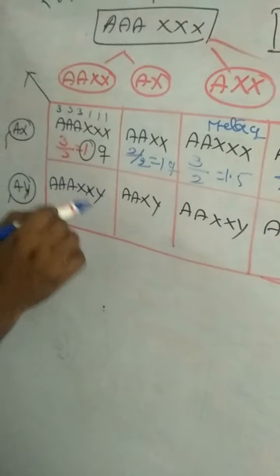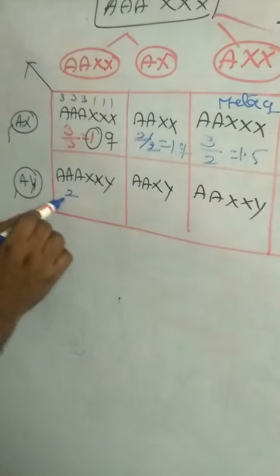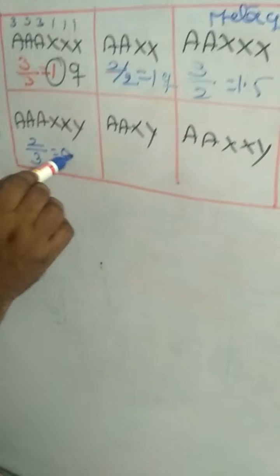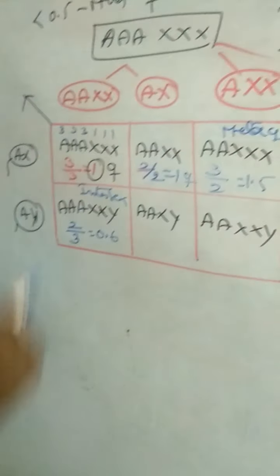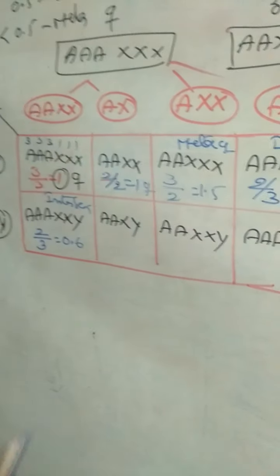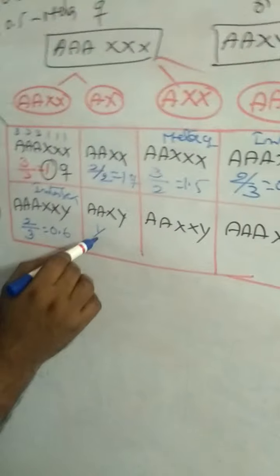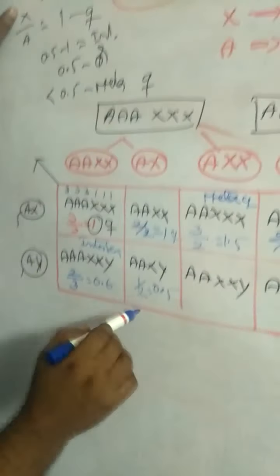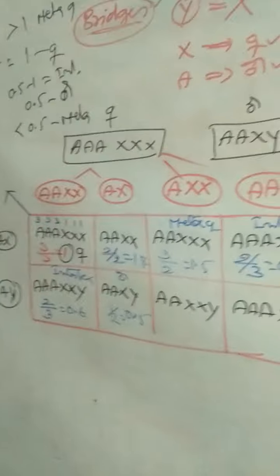And coming to this one, X by A ratio. Y has no role in this one. So here number of X chromosomes 2 by sets of autosomes 3, this is 0.6, also intersex. Here number of X chromosomes 1 by sets of autosomes 2 is 0.5, it is a male. AAXY is equal to male.